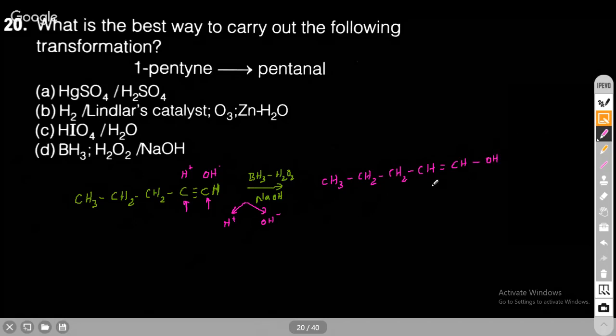Okay. Now here what happens? Tautomerism takes place, right? So this bond pair comes over here, and this hydrogen will jump onto this carbon atom, alpha position. So we'll get CH3CH2CH2CH2CHO, which is nothing but pentanal.